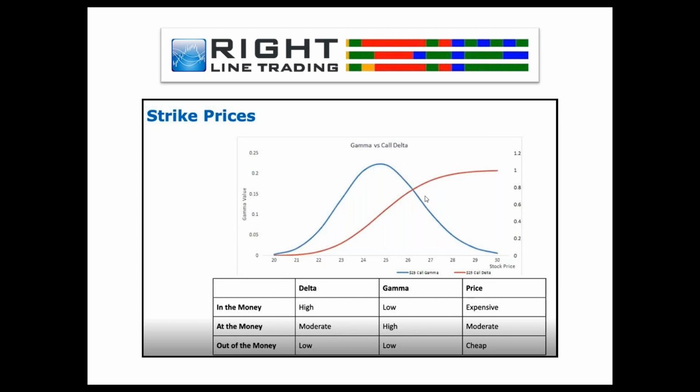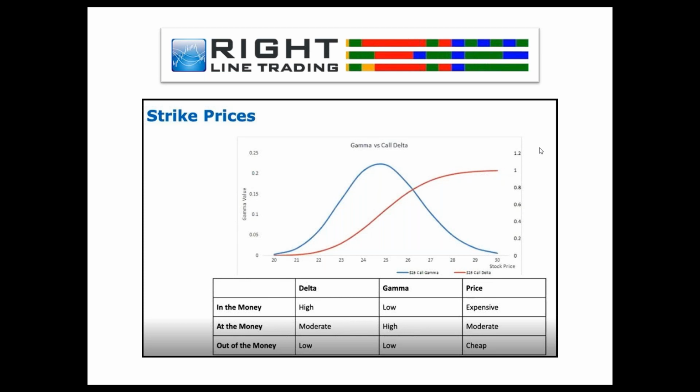It's telling you that for every dollar incremental increase or decrease in price of the stock, the price of the option is going to rise or fall a buck if you're deeply in the money. Now, how are we leveraging the option this way? The bottom line is, we're not leveraging the option at all.